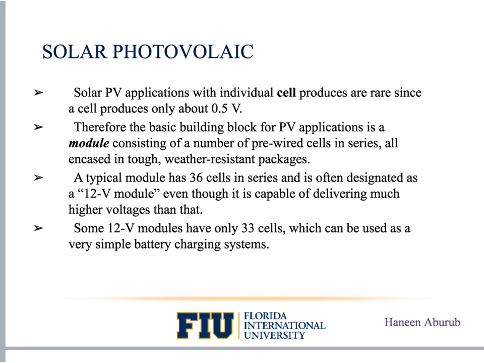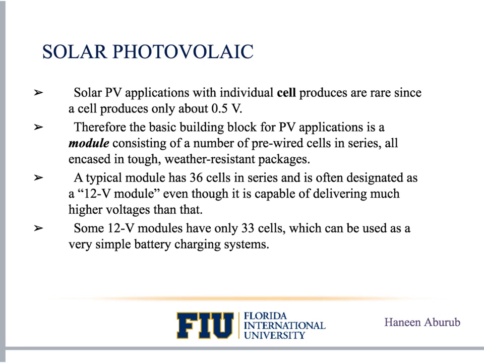Now, in solar PV applications an individual cell produces only around 0.5 volts. So the basic building block for PV applications is the module, since it consists of a number of pre-wired cells in series, all encased in tough weather-resistant packages.